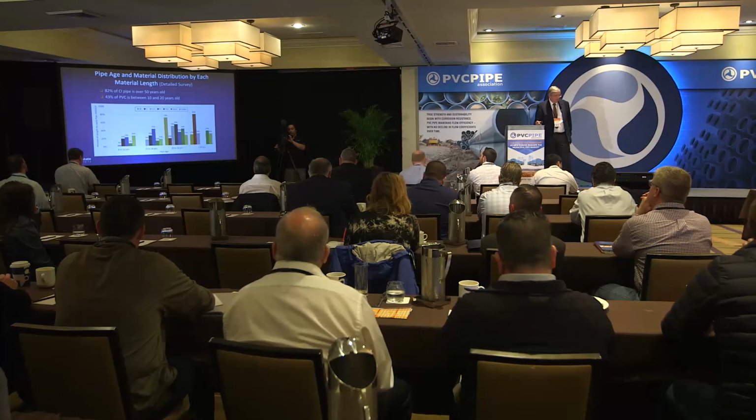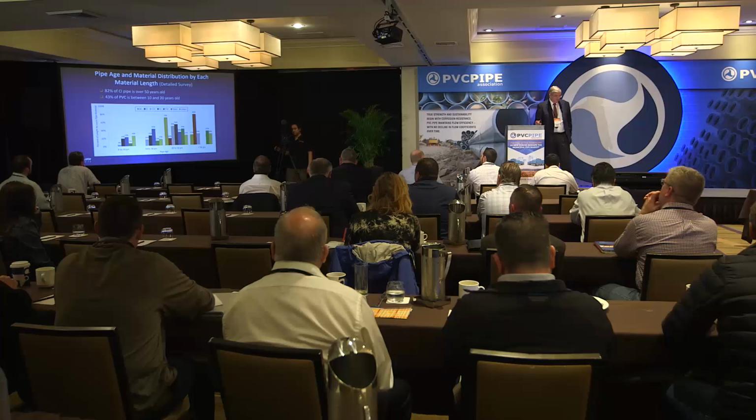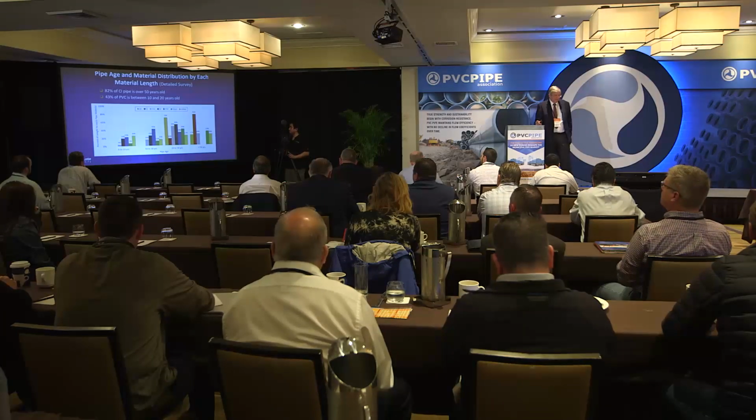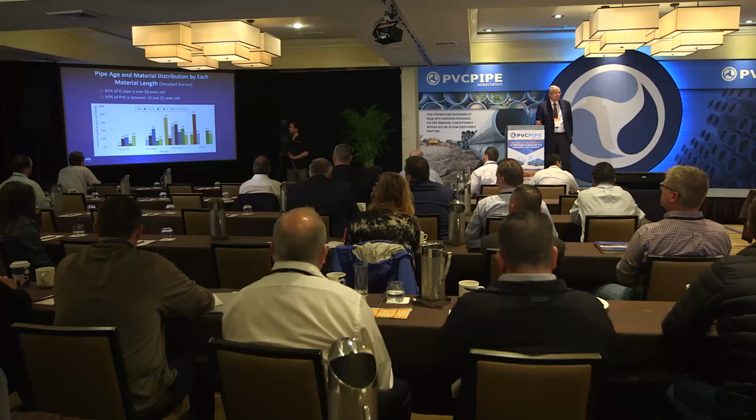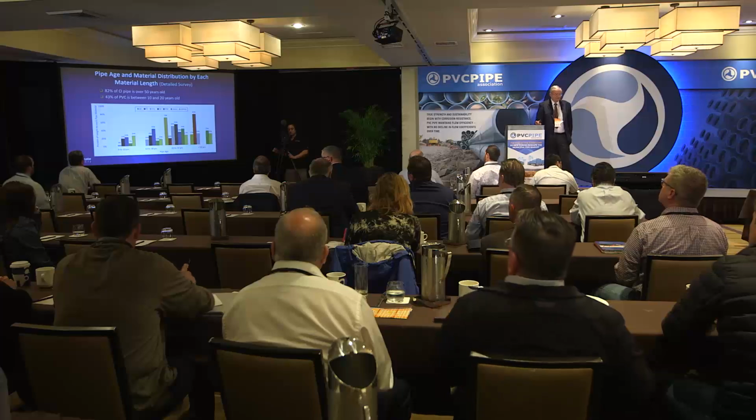Now, here is a distribution of that pipe age information into these categories, but by pipe type. And what's important here is that for pipe that's over 50 years old, 82% of it is cast iron.